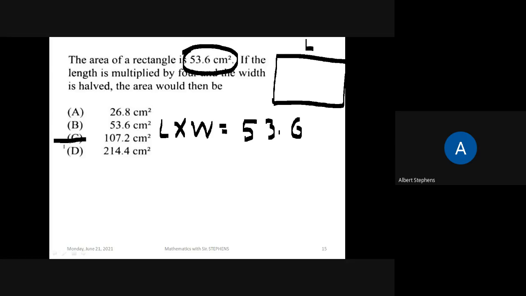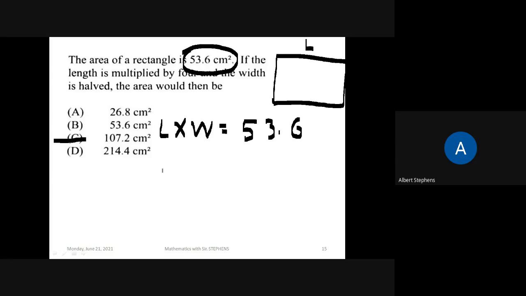But if I saw this and I was clueless, if it says multiply by 4 and divide by half, that's what I'm going to do. There's only one number up there, so you multiply by 4, and then divide by 2.